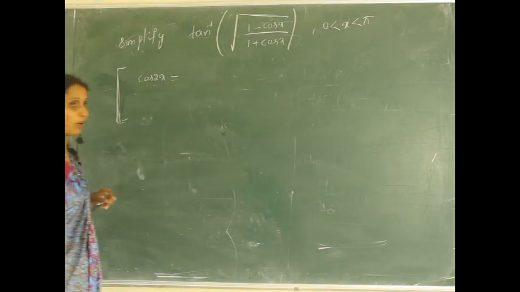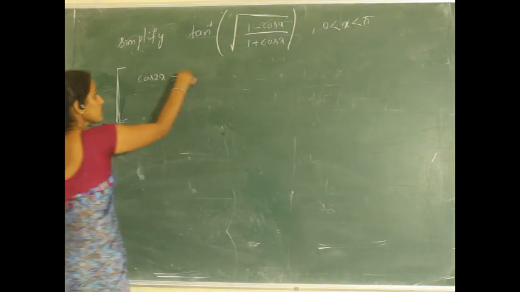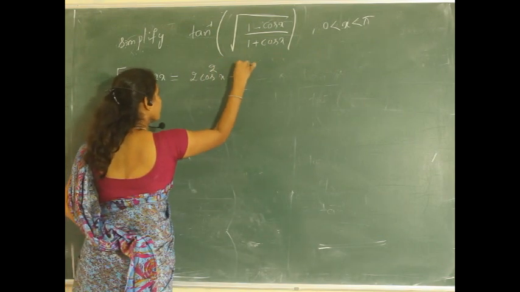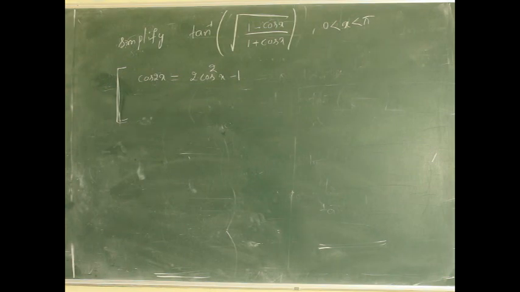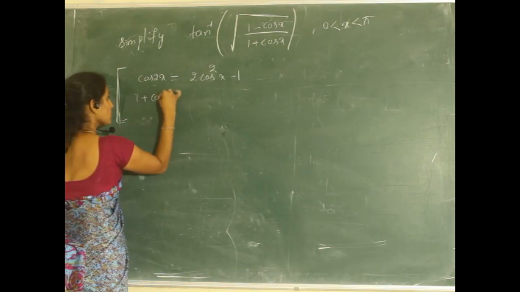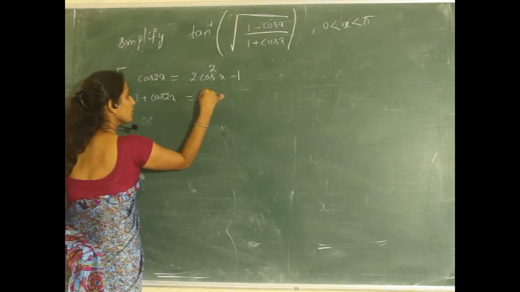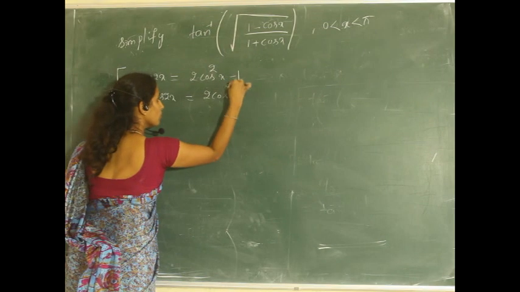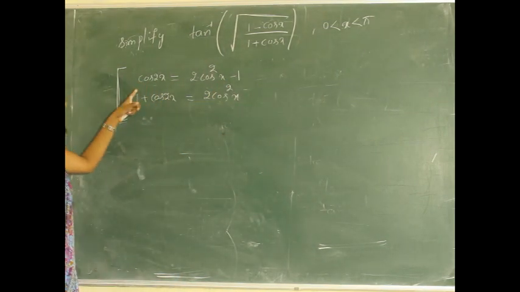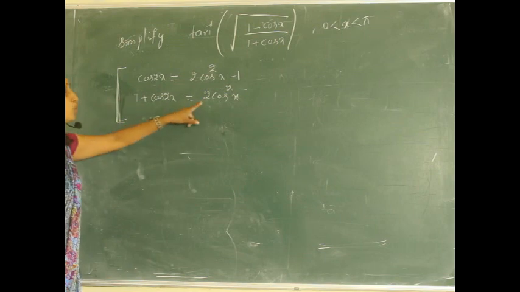So I'll write one more formula of cos 2x. cos 2x is 2 cos square x minus 1. When we rearrange, taking minus 1 to this side, that becomes plus, so 1 plus cos 2x is equal to 2 cos square x.